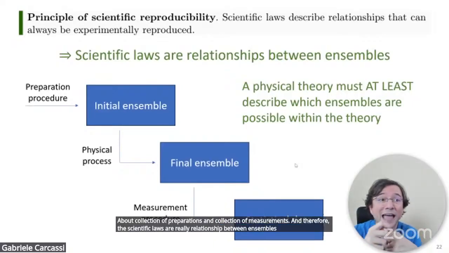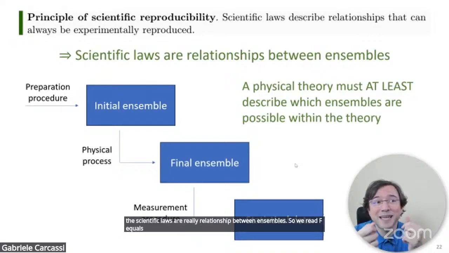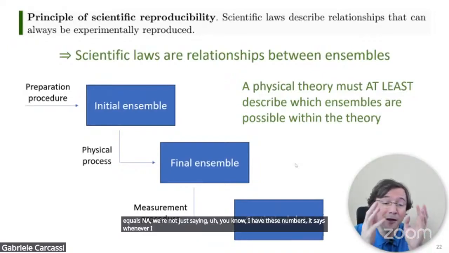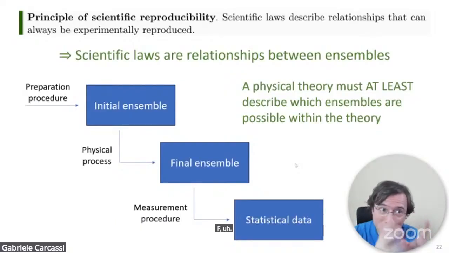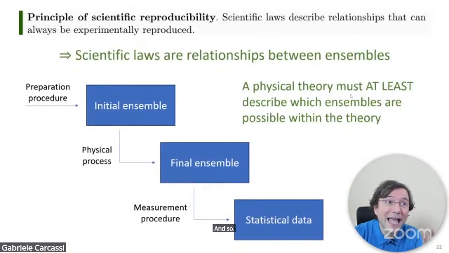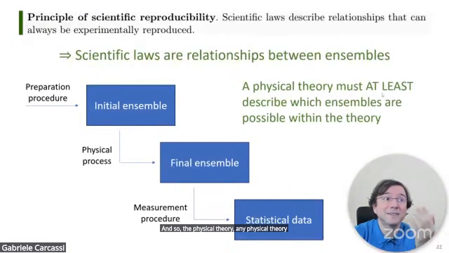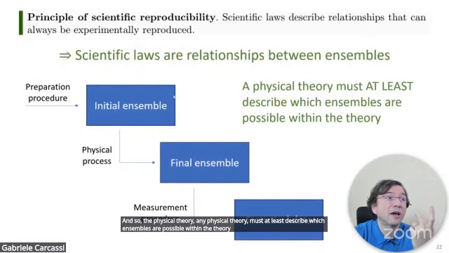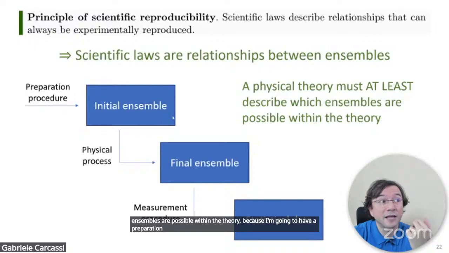So when we write F equals MA, we're not just saying, I have these numbers. It says whenever I prepare F in particular ways, I'm going to have an A that is prepared in particular ways. And so any physical theory must at least describe which ensembles are possible within the theory, because I'm going to have a preparation procedure, which is going to give me an initial ensemble.